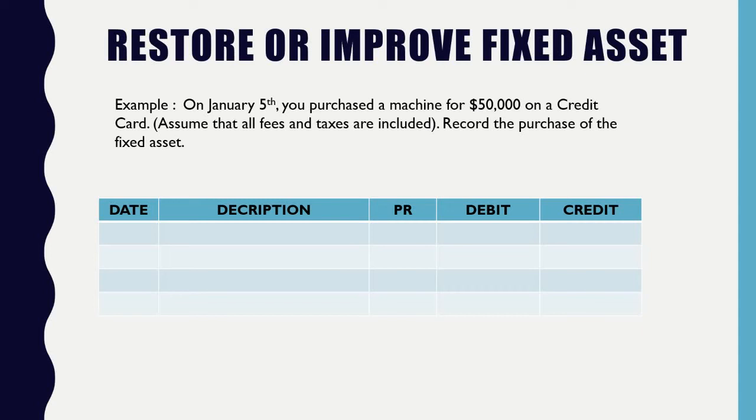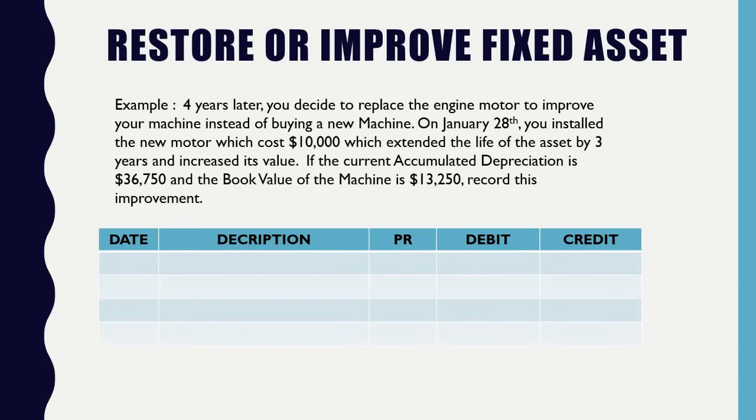On January 5th, you purchased a machine for $50,000 on a credit card, okay? And of course, it includes all the fees and things like that, so record the purchase of it. So once again, same exact scenario. I'm recording that I bought a machine equipment on a credit card for $50,000, okay?